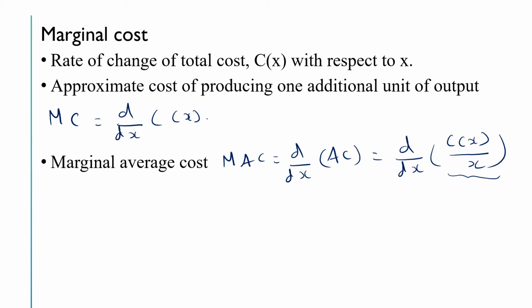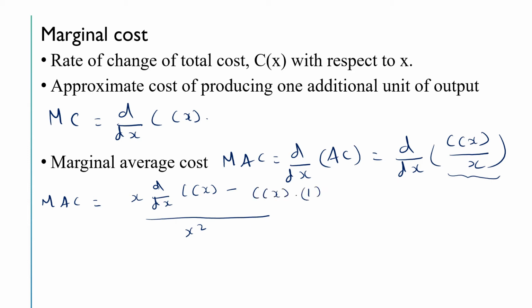So in the denominator we have x square, and in the numerator x into d by dx of C of x minus C of x into the derivative of the denominator, which is 1.